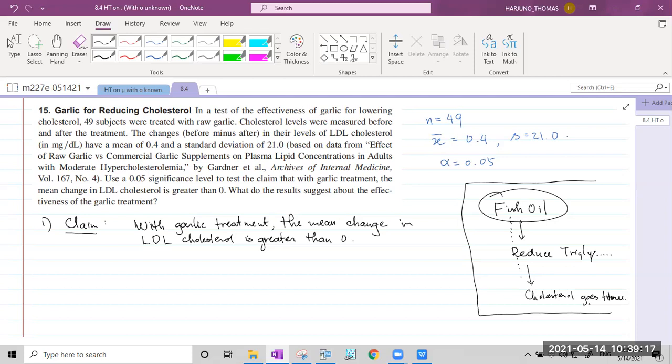Is there evidence that fish oil reduces cholesterol? Not in the short term. In the long term, there's not sufficient evidence. It works for some people, it doesn't work for other people. So there are some people who have a situation where they have high cholesterol, maybe genetic, I don't know.